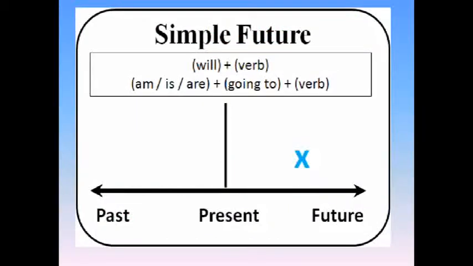So we will now learn about the structure of simple future. For an affirmative sentence, the structure is will plus verb, am, is, are plus going to plus verb. So this timeline shows that the future tense indicates the future time. Now what about the simple future tense?